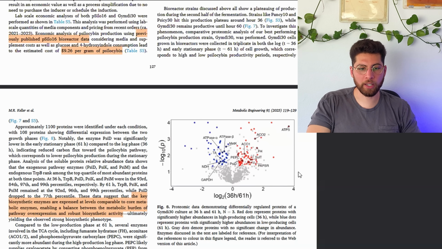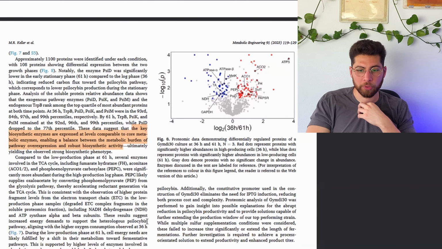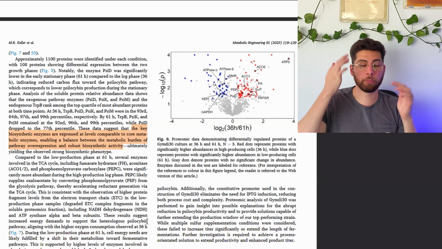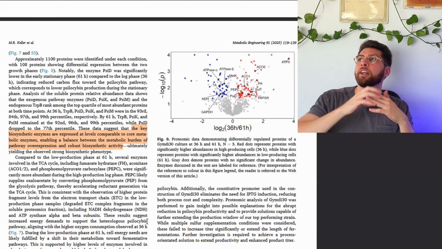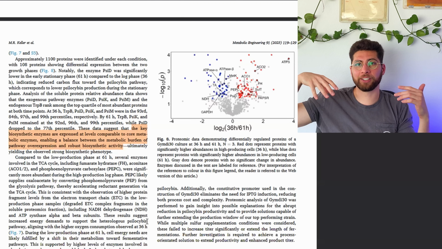So here they're saying the key biosynthetic enzymes are expressed at levels comparable to core metabolic enzymes, enabling a balance between metabolic burden of pathway overexpression and robust biosynthetic activity. So this is another thing that can be optimized in metabolic engineering: you can way overproduce enzymes if you want to, but it will make the cells really unhealthy.